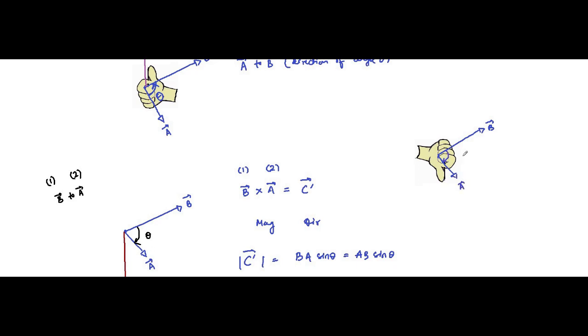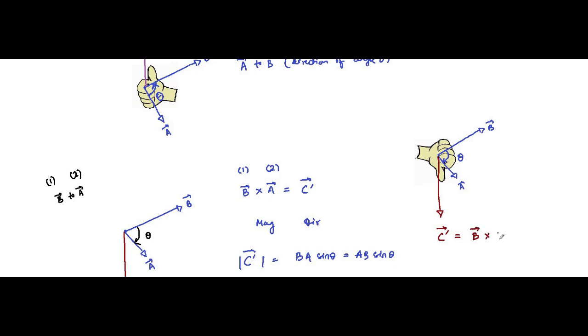Now the direction of the resultant vector will again be given by the extended thumb, which is C dash vector, which is B vector cross A vector.